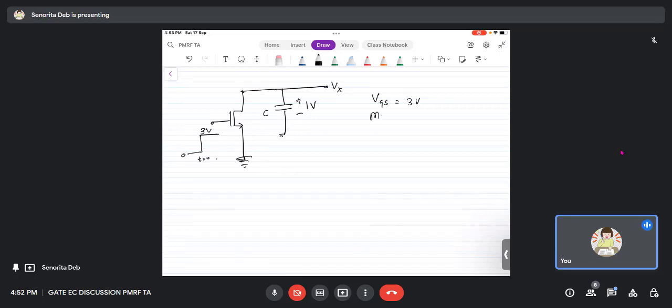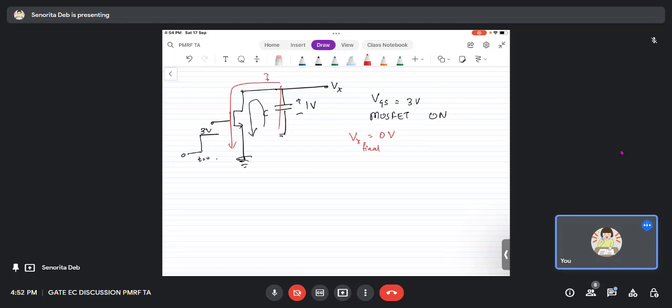If the MOSFET turns on, then the cap will get a path to discharge. There will be a current ID through this path, acting as the discharge path for the cap, and the cap will finally discharge to 0 volts. So Vx finally will be 0 volts. This is what should happen.